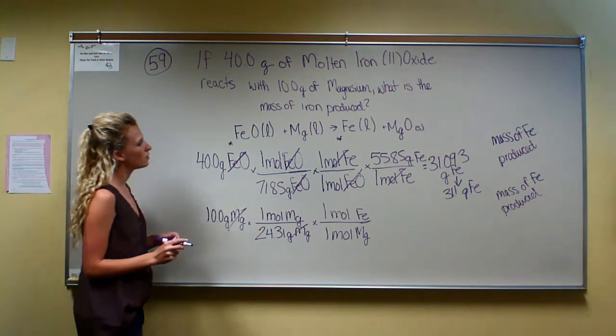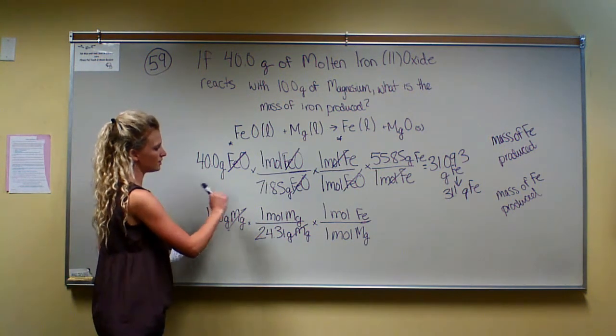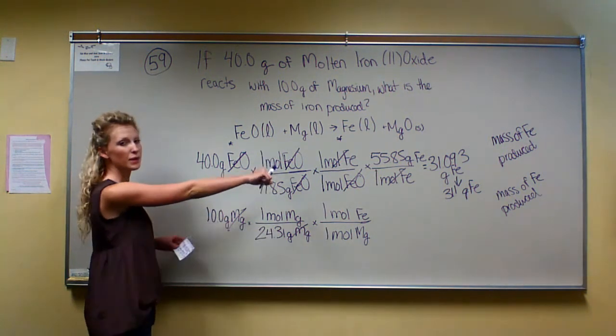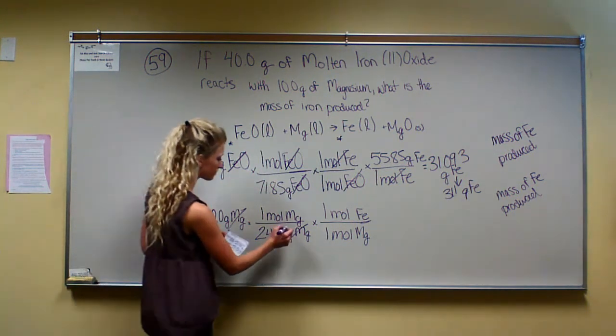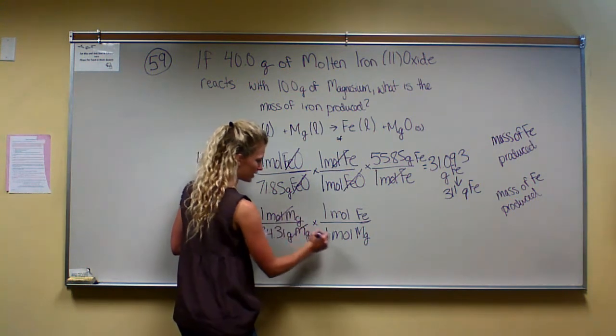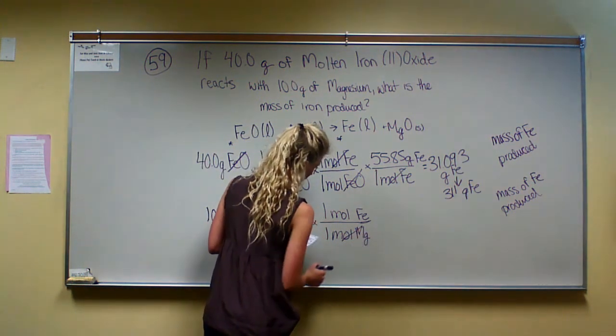Again, 1 mole of iron and 1 mole of magnesium is taken from the balanced equation, and this ratio will not always be 1 to 1. You can go ahead and cancel out the moles of magnesium and the moles of magnesium.